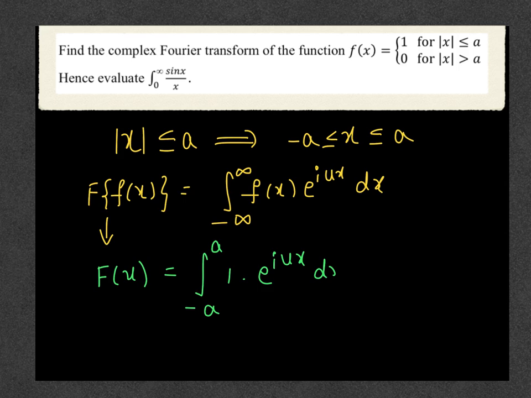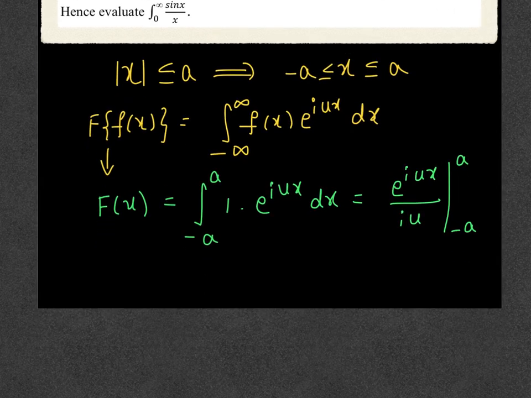So we have a very simple integration. Integration of e power iux with respect to x is e power iux by iu, and apply the limits minus a to plus a. Next, we apply the limits. I'll take 1 by iu out, applying the upper limit e power iua, and when applying the lower limit, minus e power minus iua.